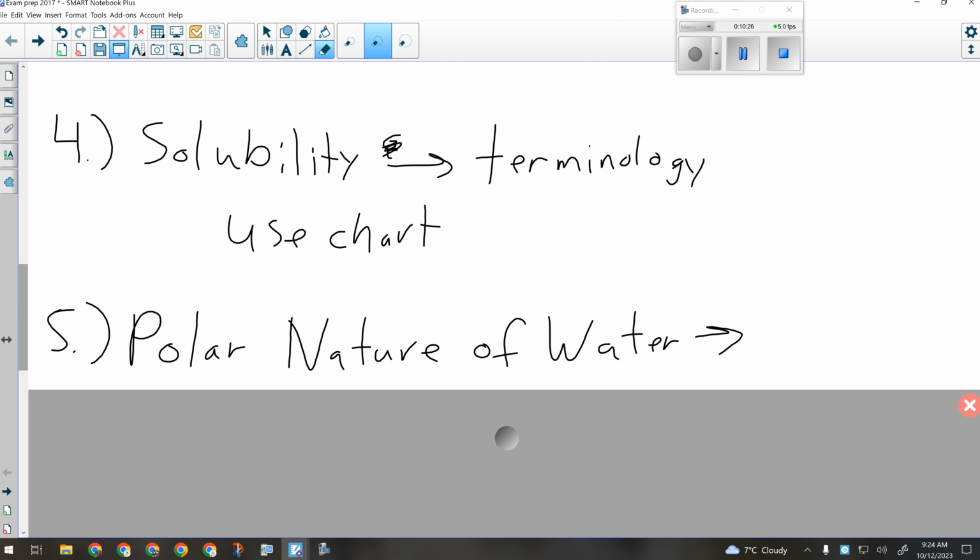Hydrogen bonding, which will allow that molecule to display the properties of cohesion, meaning it can hydrogen bond to itself, or adhesion, hydrogen bond to other polar molecules.